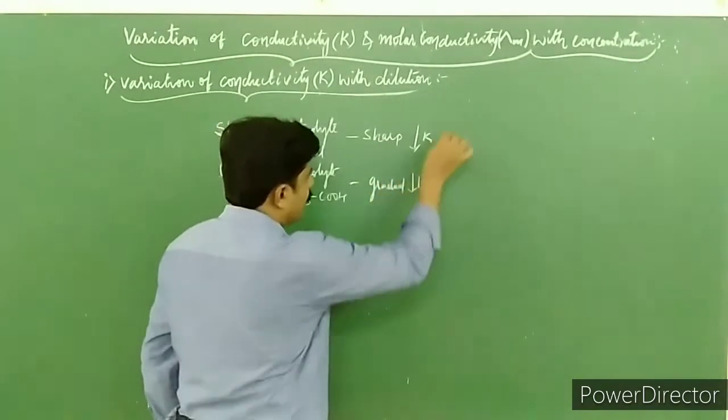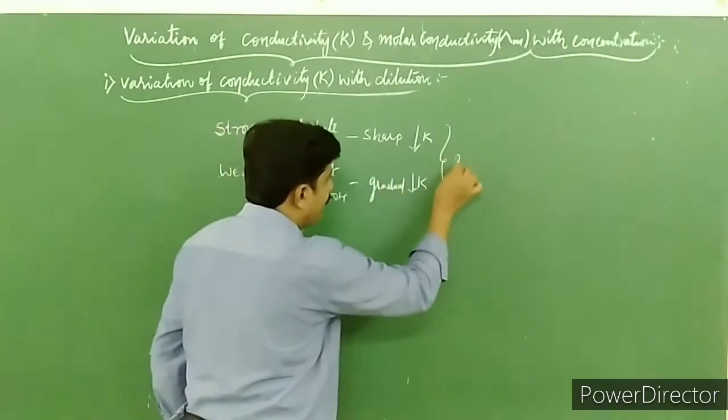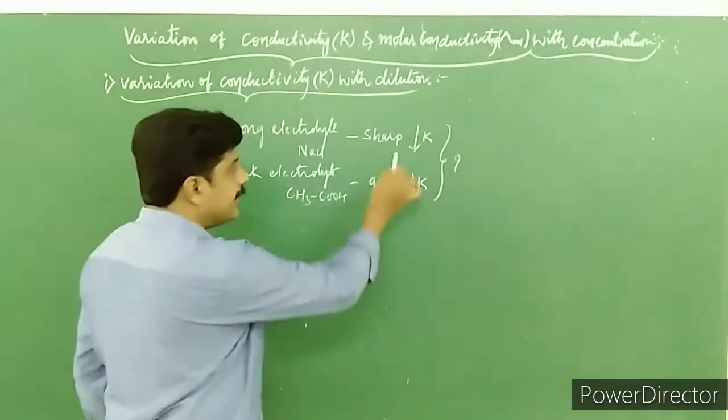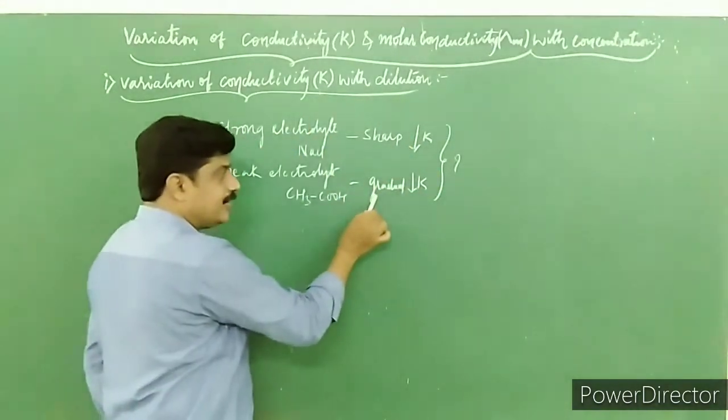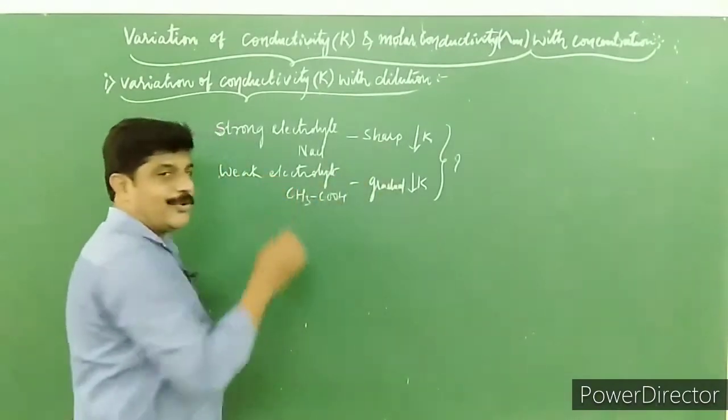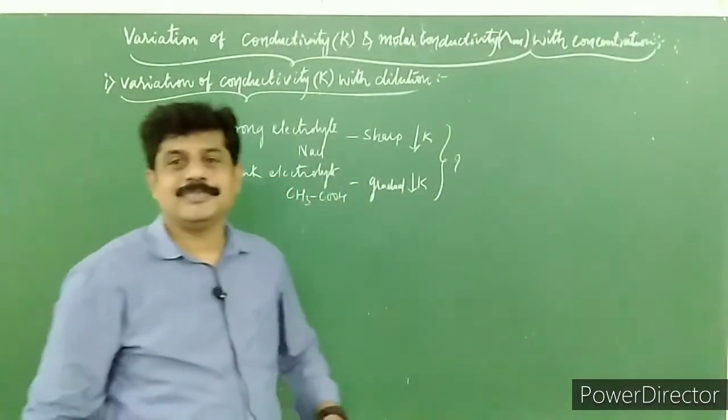Now the question is, what may be the reason for sharp decrease in conductivity for strong electrolyte and gradual decrease in conductivity for weak electrolyte?